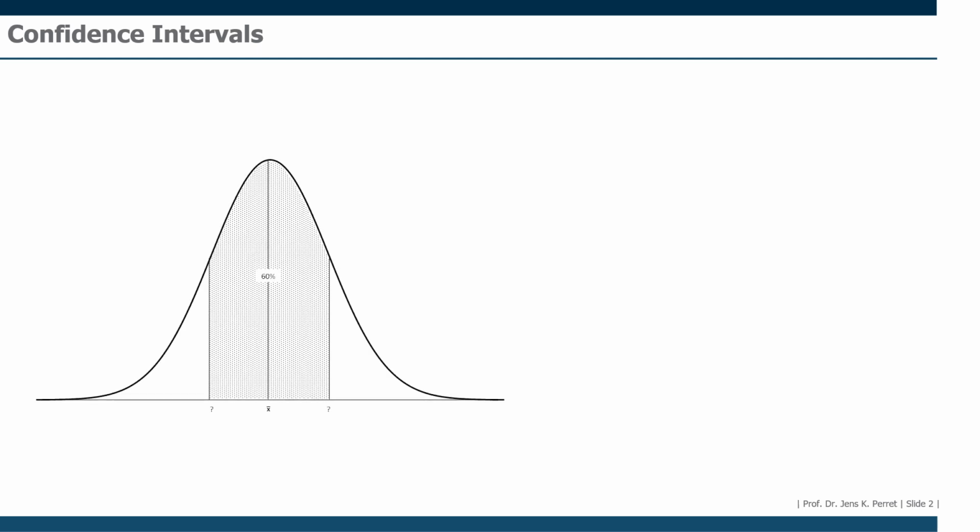Well, if we want to calculate the average or the mean of a sample, we can simply use the formula for the arithmetic mean. The problem, however, is the arithmetic mean is just an estimate, an approximation of the real mean. There's always errors involved in this.